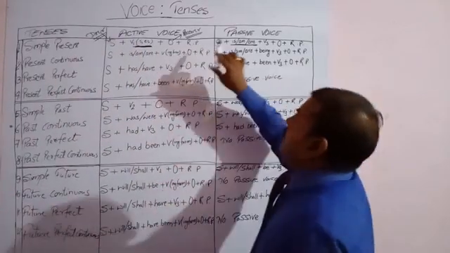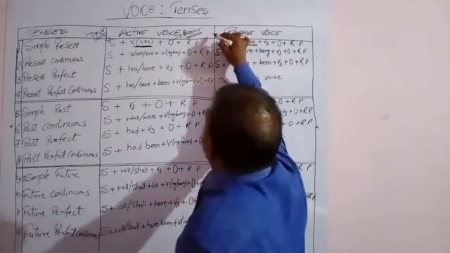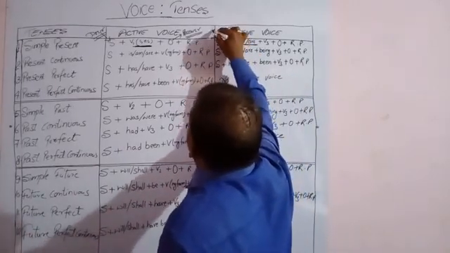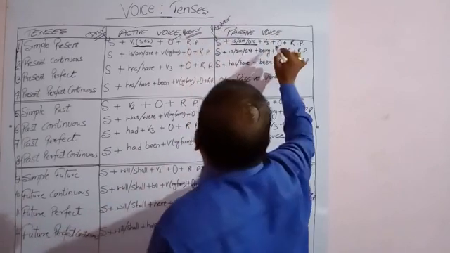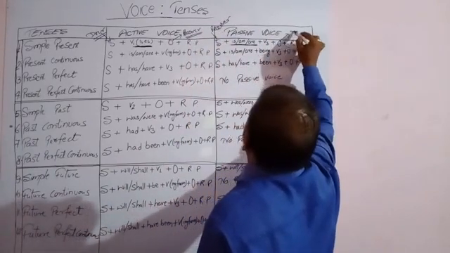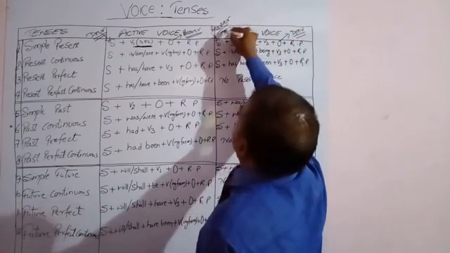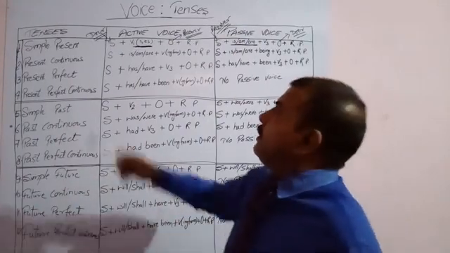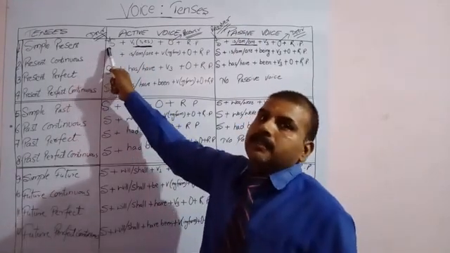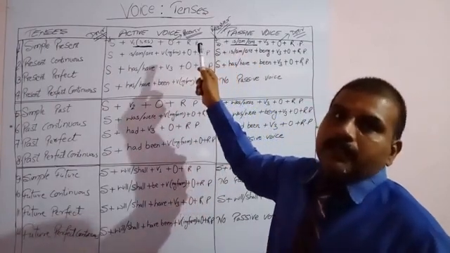So what is the difference in passive voice? Here the subject denotes the receiver and the object denotes the doer. In active voice, the doer of the verb is the subject. In passive voice, the receiver of the verb is the subject.